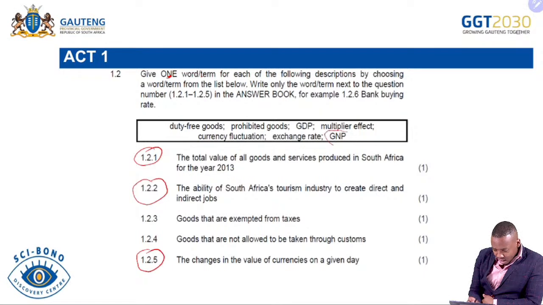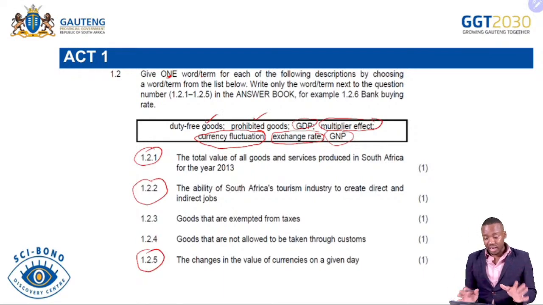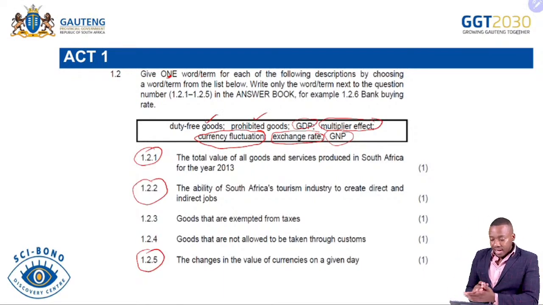Maybe this one, GNP, exchange rate, we spoke about it. Currency fluctuation, we spoke about it. Multiplier effect, we spoke about it. GDP, we spoke about it. And then duty-free goods and prohibited, we spoke about it in term 1. So that's not relevant for now. Then how many concepts do we have? 1, 2, 3, 4, 5 that were relevant for today.